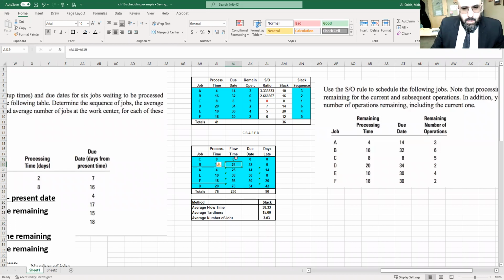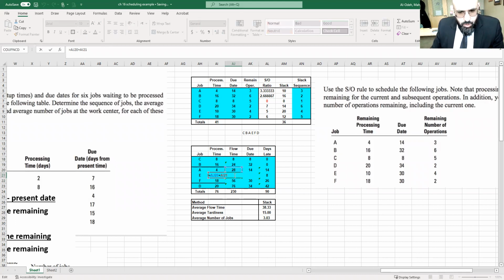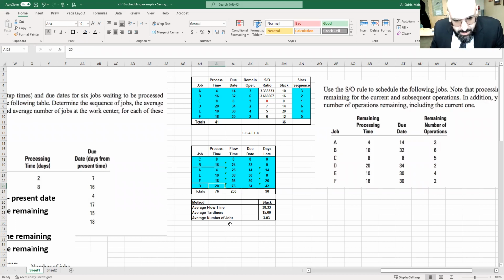Okay, so now this is the correct one. This is coming from the process time, so that will take us 8 days. And now 8 plus 16, that would be 24, and then 24 plus 4, job A will be finished on day 28, and then 28 plus 10, that would be 38, and then 38 plus 18, that would be 56, and then 56 plus 20 will give you 76.